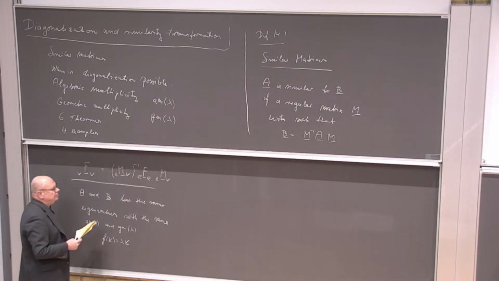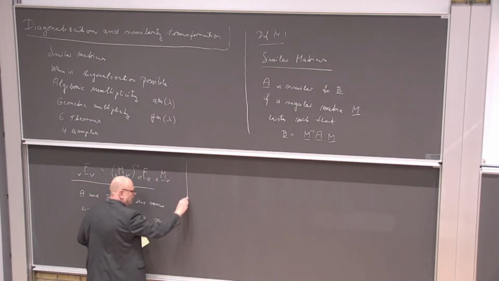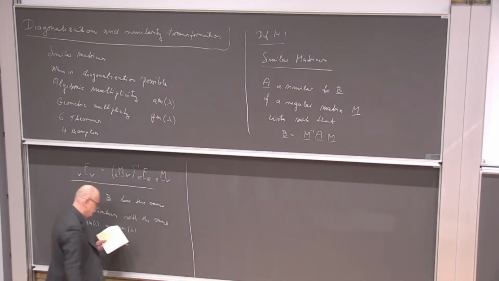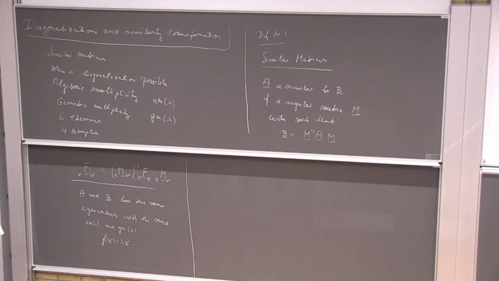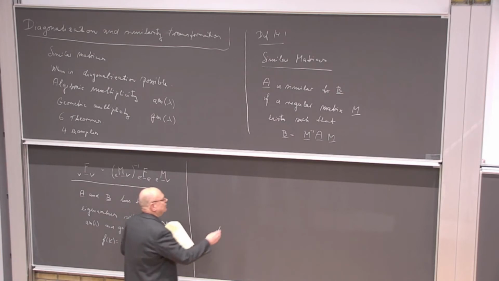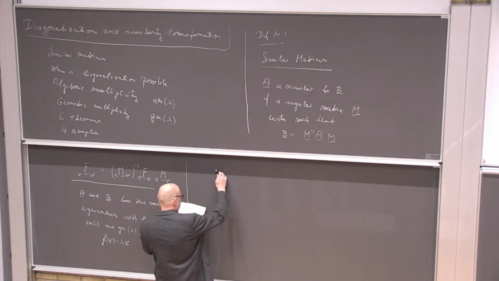Now, if A is similar to B, then B is similar to A. Why is that? I can write it down.